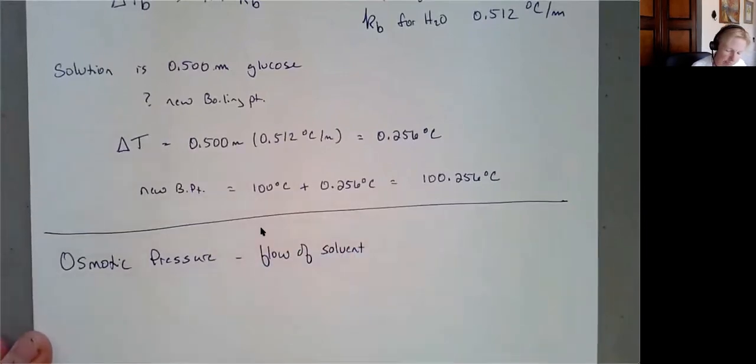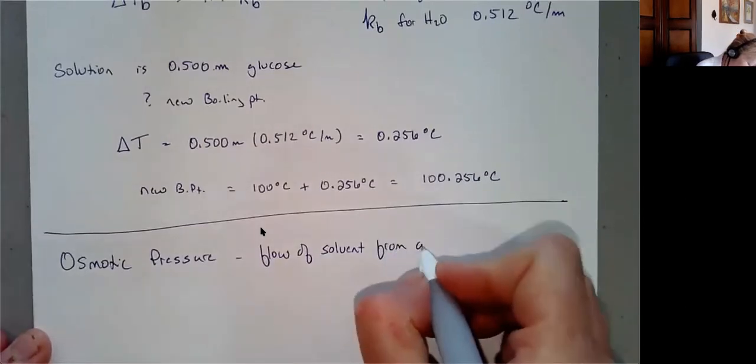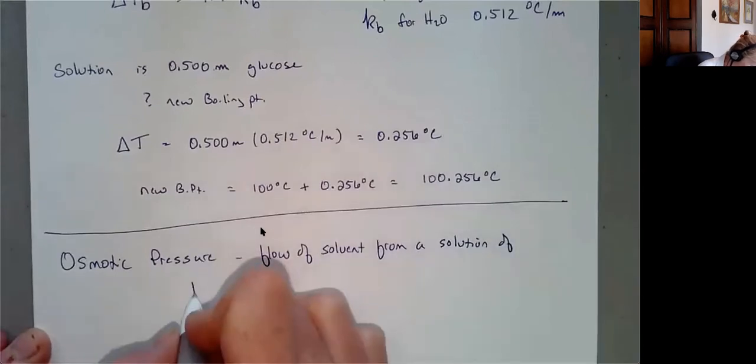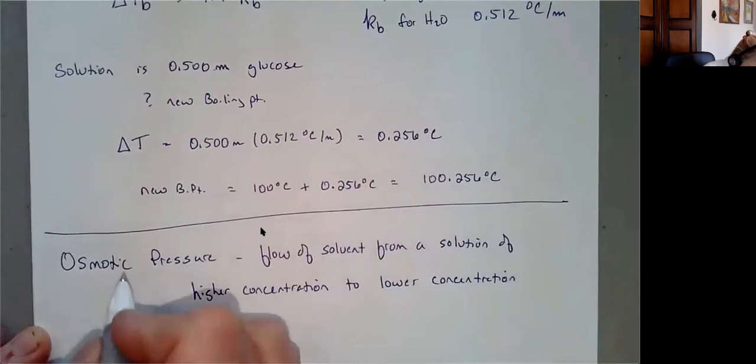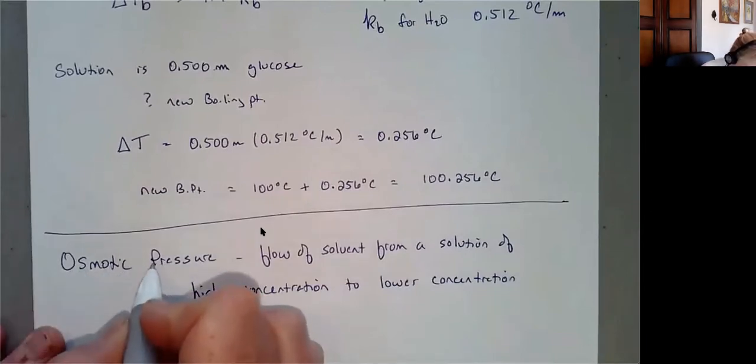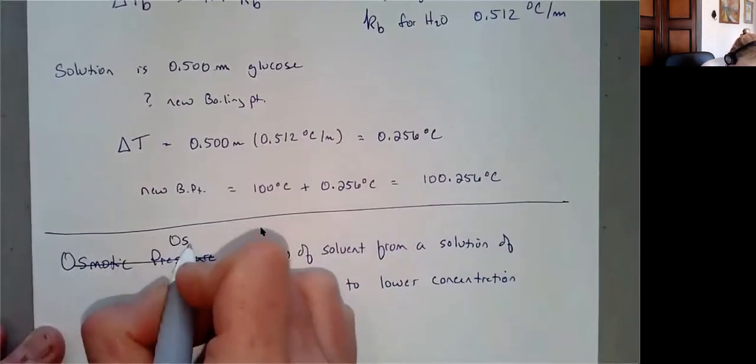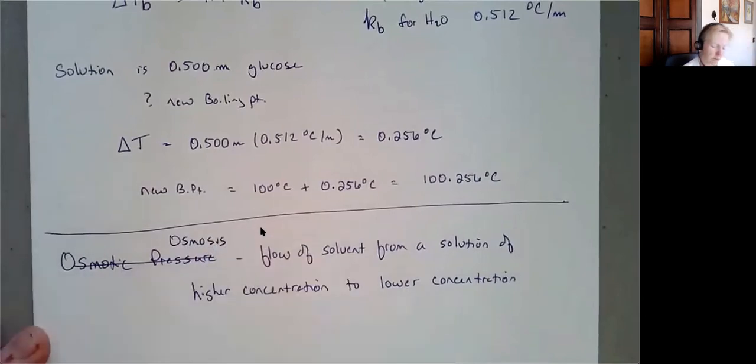We're really looking at what's going on with that solvent, the majority component, from a solution of higher concentration to lower concentration. This is called not osmotic pressure, but osmosis. So osmosis is this flow from a higher concentration to a lower concentration.